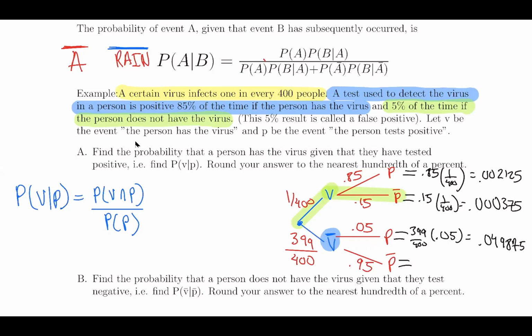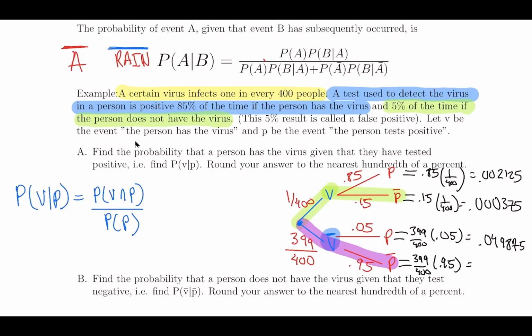All right. So the last one we're going to do, we're going to focus on people who don't have the virus and tested negative. For that one, we're going to say 399 divided by 400 times 0.95.